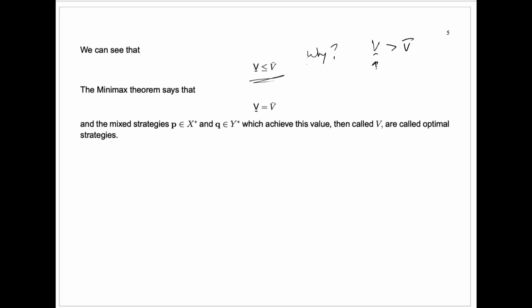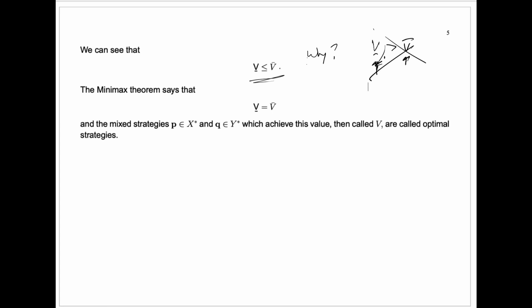Player 1 would be able to force a return of at least this, and player 2 would be able to force a return no more than this, and that would be nonsense. You can't have a number that's at least this big and no more than this big if the first one is bigger than the second one. So that's impossible. That forces the lower value of the game to be less than or equal to the upper value of the game, which kind of justifies one being called the lower value of the game and the other being called the upper value of the game.